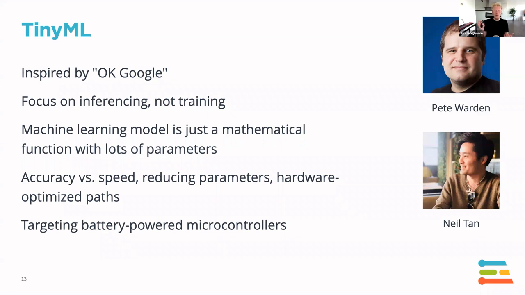In essence, a machine learning model, if you look at it, is just a mathematical function with lots of parameters. It's like if you have a function to see if the temperature is above or below 25 degrees, that is pretty simple. You have one parameter, which is your threshold value. You can see the same thing with machine learning. It's just a mathematical function with lots and lots of parameters. And while you're training, you're constantly tweaking these little parameters in the function.